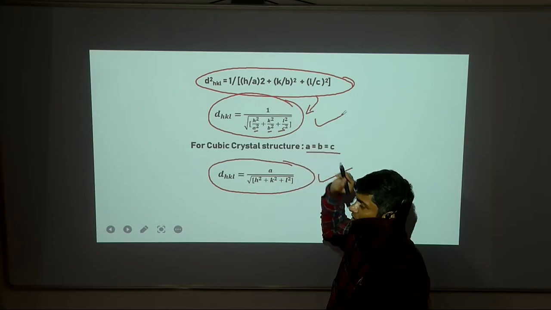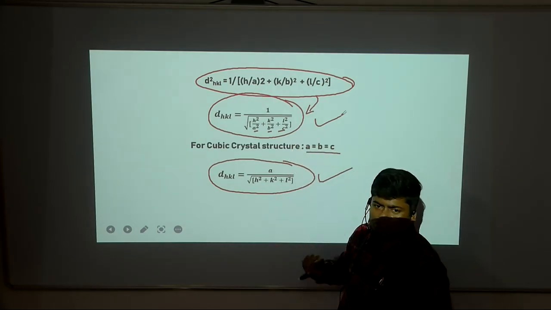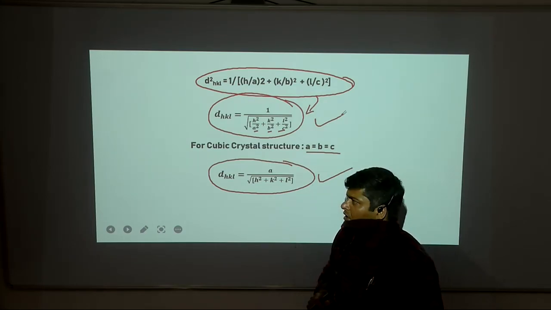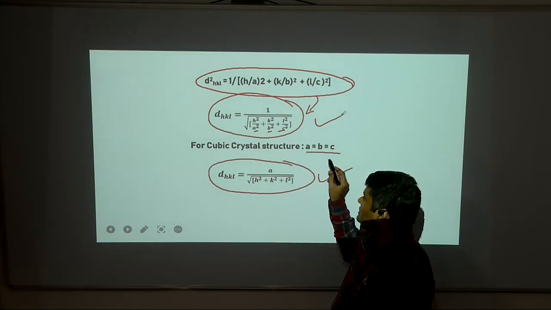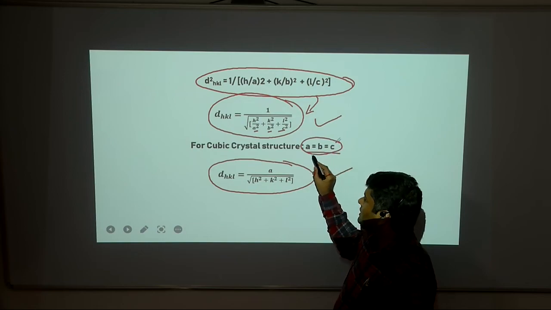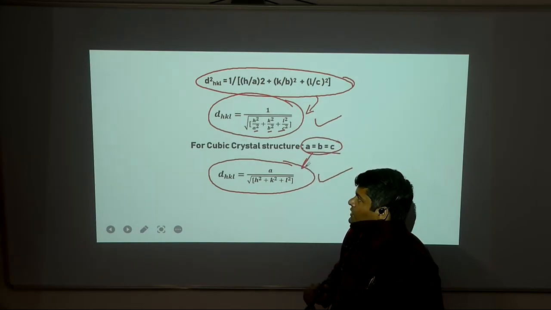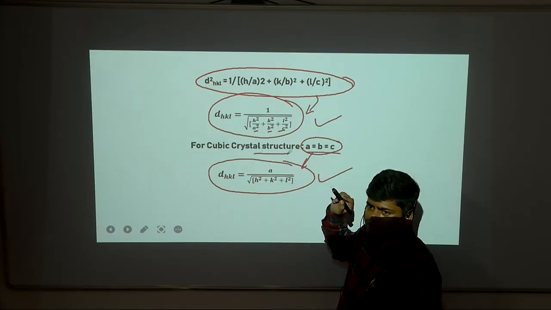If the crystal structure system is not given, then you have to show or prove this equation. But if the crystal structure system is given, then you have to use the relation between the lattice parameters and accordingly find out the interplanar spacing. As over here the cubic crystal structure system is given, we are using this equation.